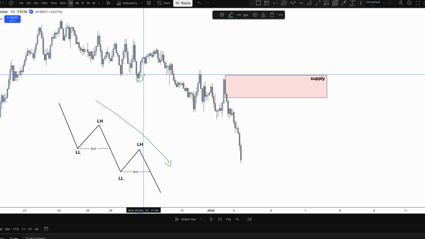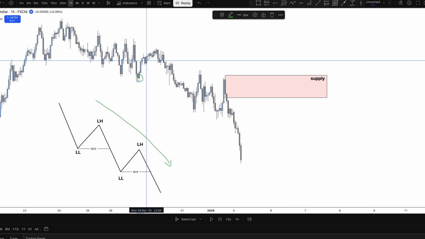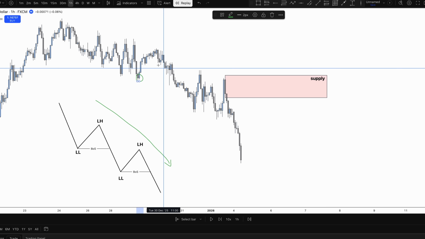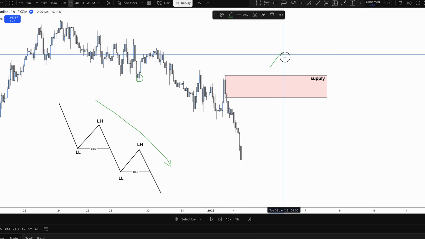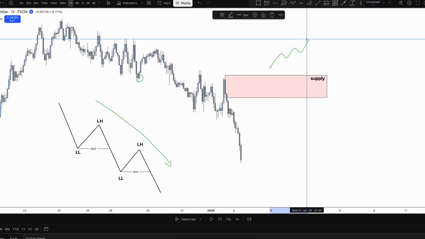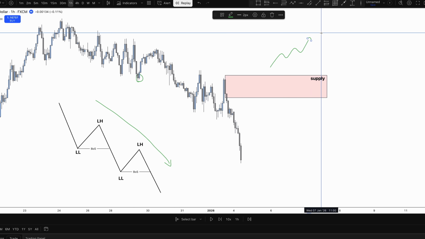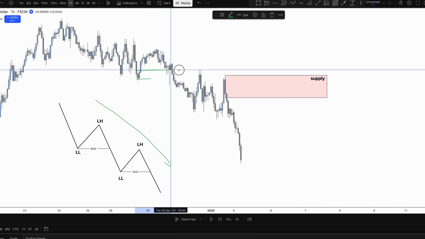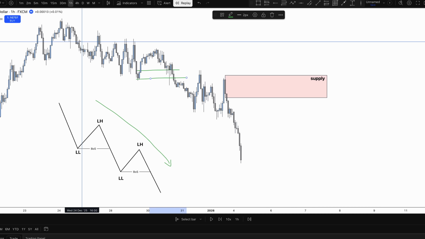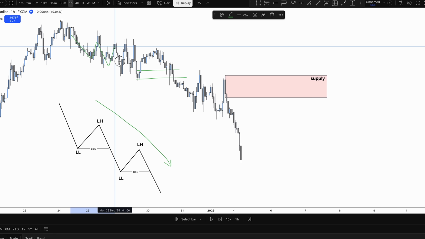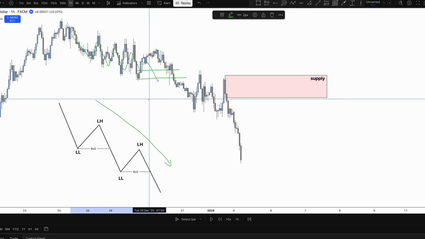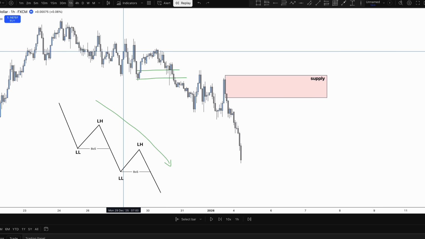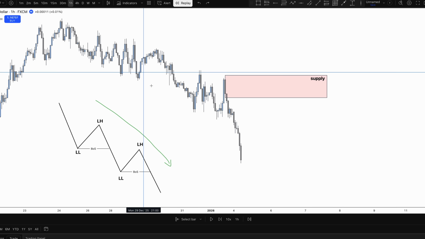Now, if a demand zone is showing an area where significant demand stepped in and drove the market higher, well, then that means it has to exist in the context of an uptrend, because obviously otherwise it didn't drive the market higher, right? So a zone like the one you've just seen me mark on, which would be like here, is not one we would be interested in because prior to that, we've got a downtrend of lower lows and lower highs consistently forming. So we don't want to buy in this scenario. We only want to look to sell, okay?